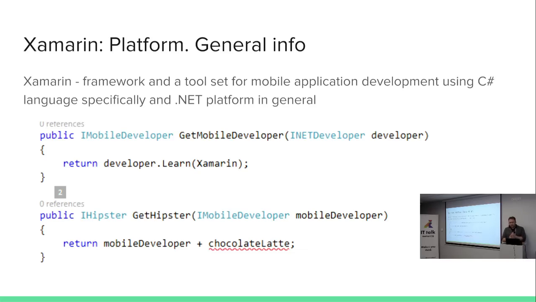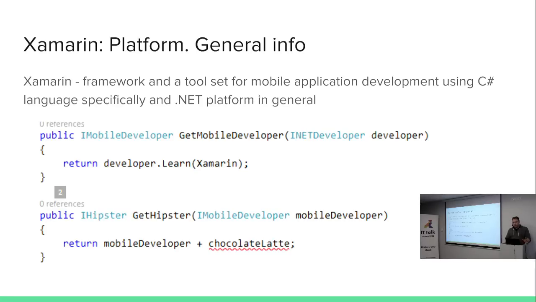So what is Xamarin basically? I already told you that it's for .NET developers. If you're feeling satisfied that you're already a .NET developer with at least a middle seniority level, you can go and start coding for mobile.